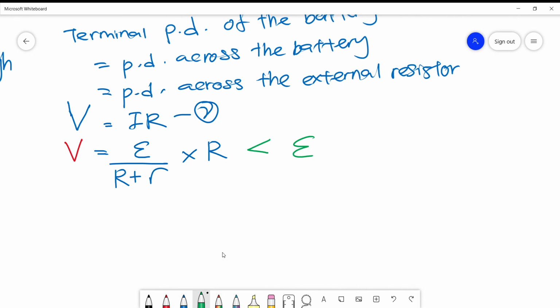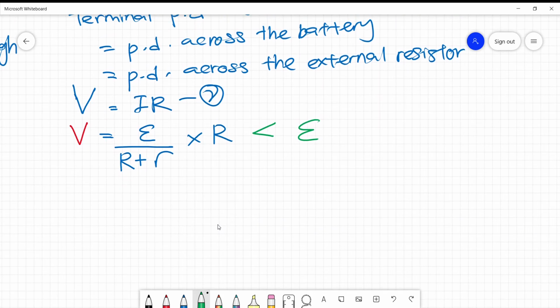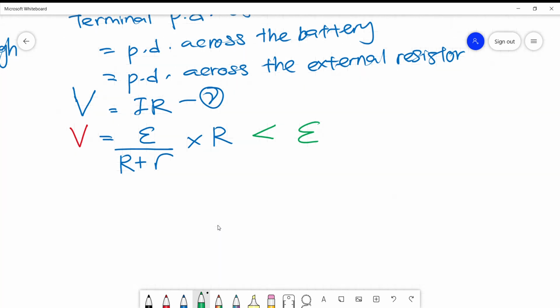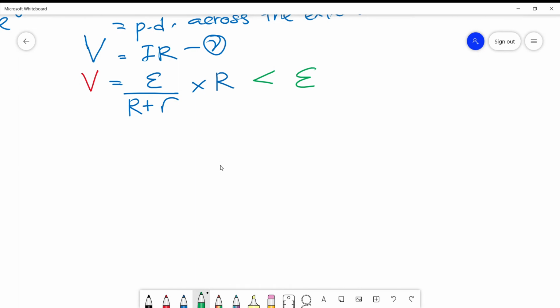Okay, so after discussing the terminal potential difference, let's look at something else that is quite important too, which is the power loss in the internal resistance.